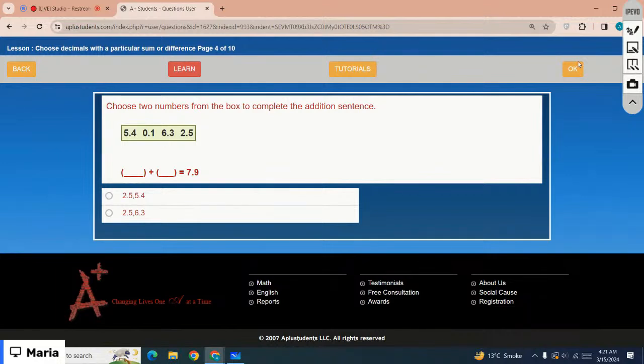Yes, that is option number 1. 2.5 and 5.4 have a sum of 7.9. So option number 1 is the correct option, 2.5 and 5.4, right?